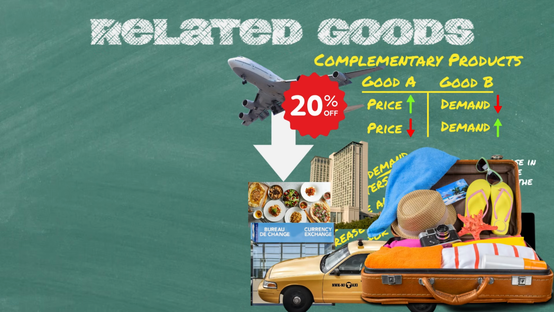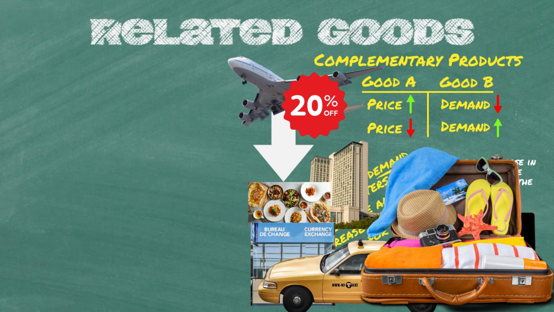The demand for all of these things will increase simply because the price of plane tickets becomes cheaper. And once you understand how interconnected the economy is, then you can start to appreciate how complex the whole system is and how making small changes to any one thing can cause big changes in other areas.